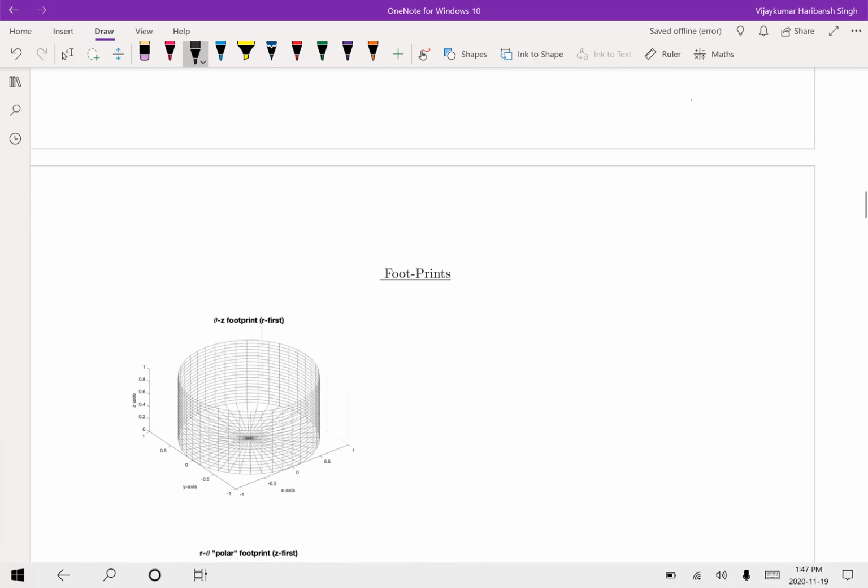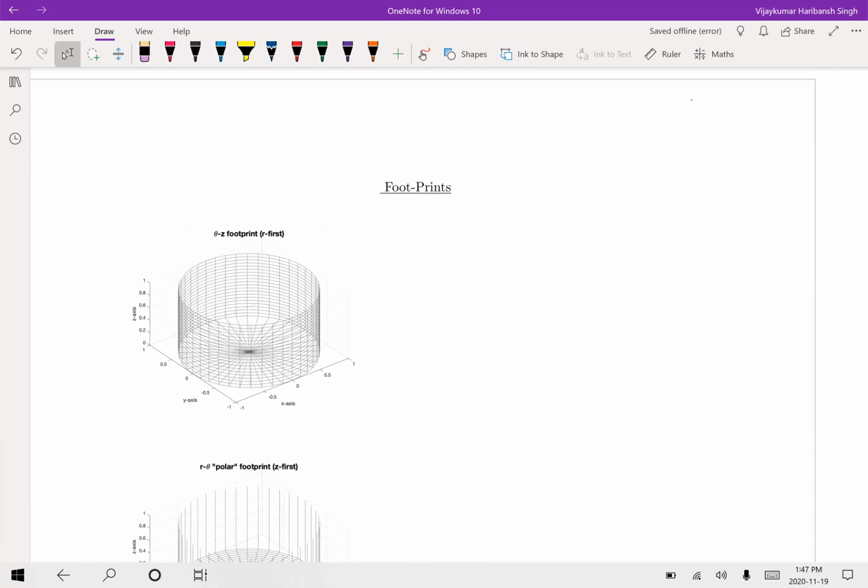Before I go further, I think there is some merit in discussing how footprints look. So if you do r first, then the footprint will be in the theta z plane.